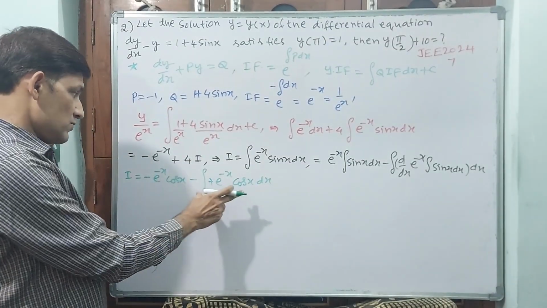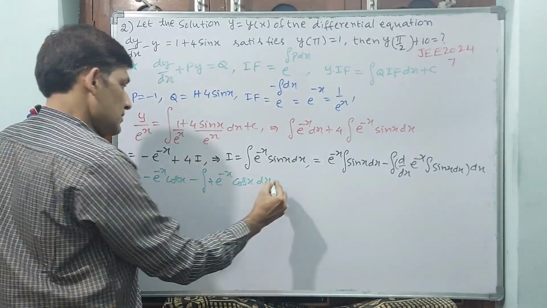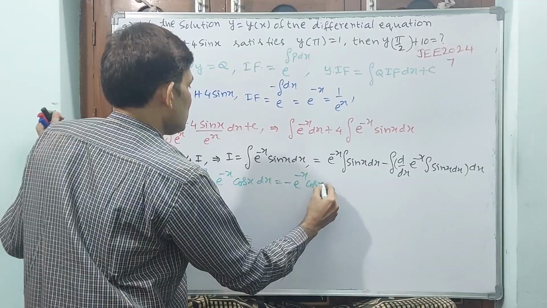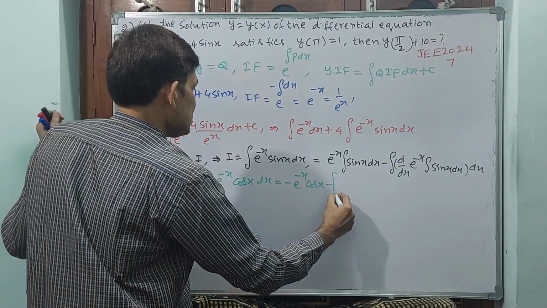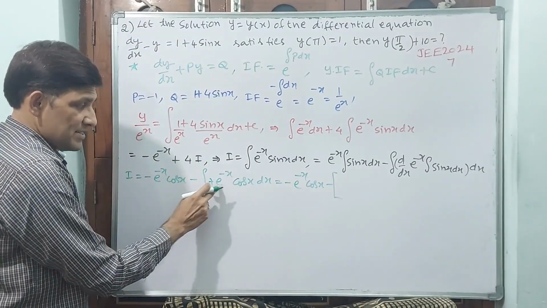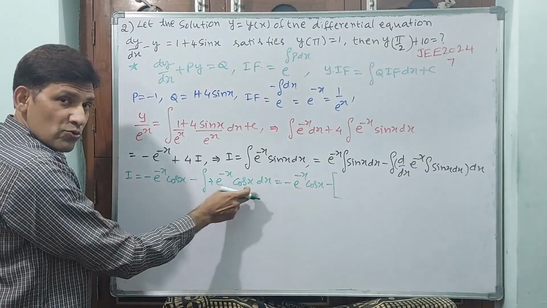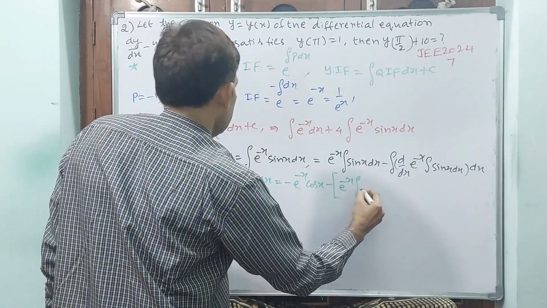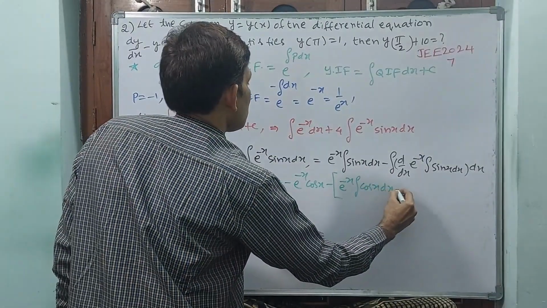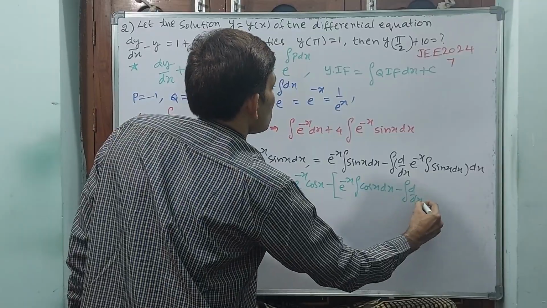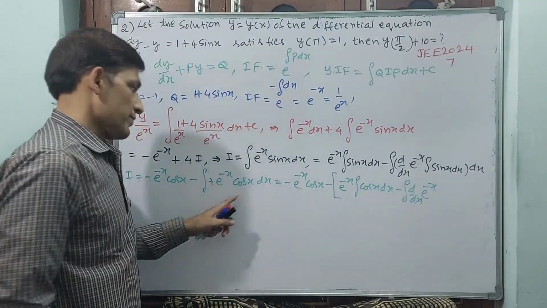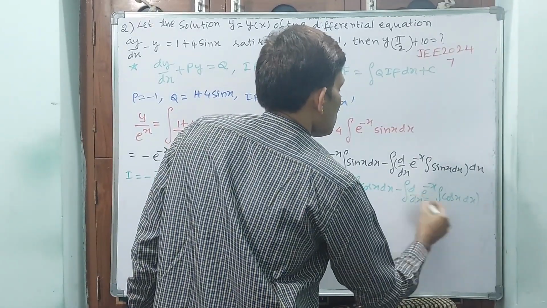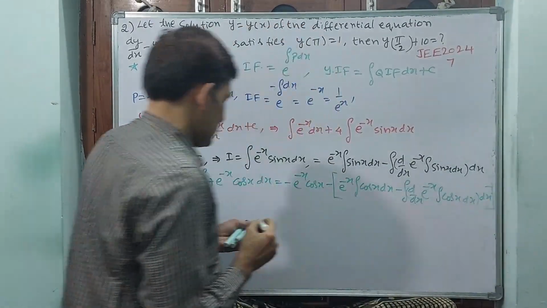Now we have to do this: minus e power minus x cos x, keep it like this only. Now this plus is there, that means u into v again. You have to do this cos x with cos x. Take e power minus x as u: integral cos x dx minus integral d/dx of e power minus x, again integral cos x dx, whole dx. Bracket close.